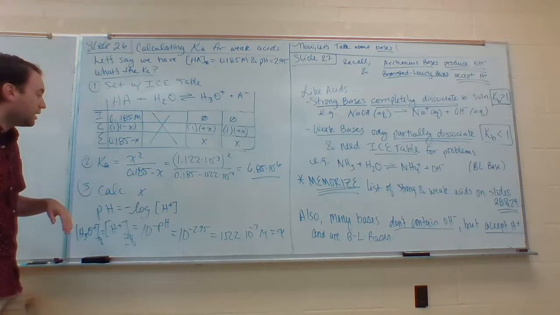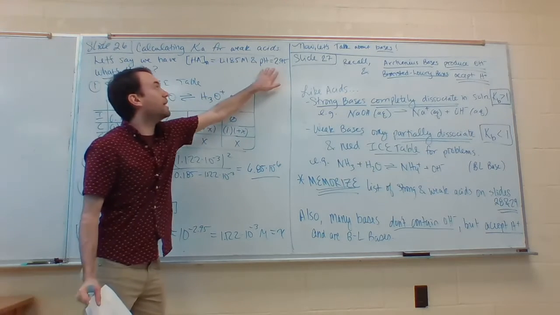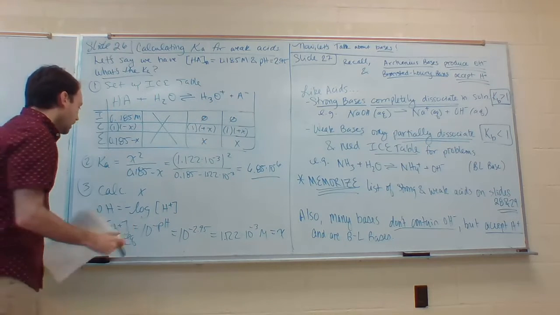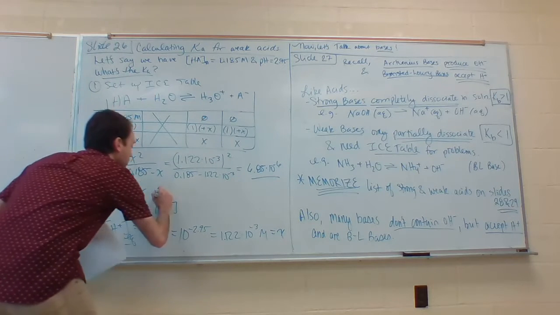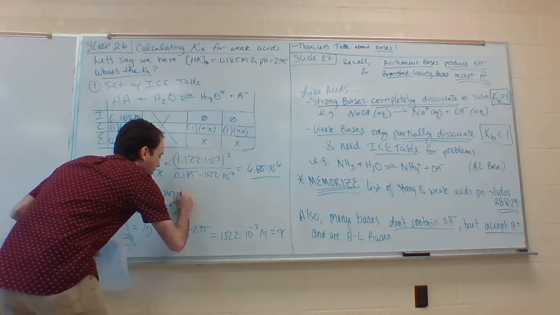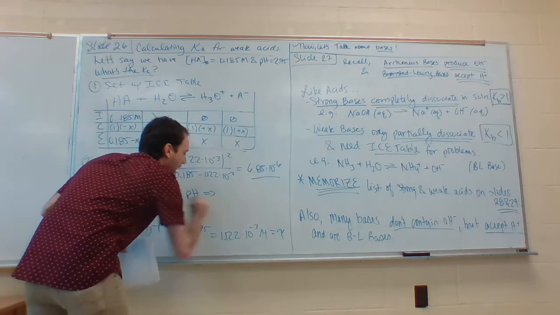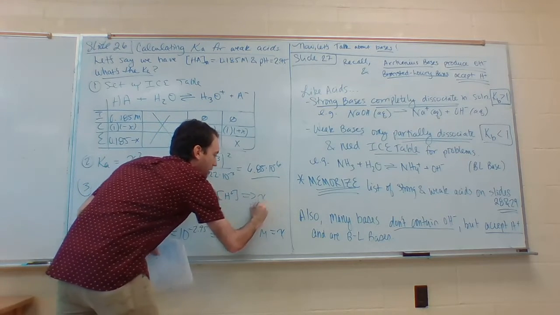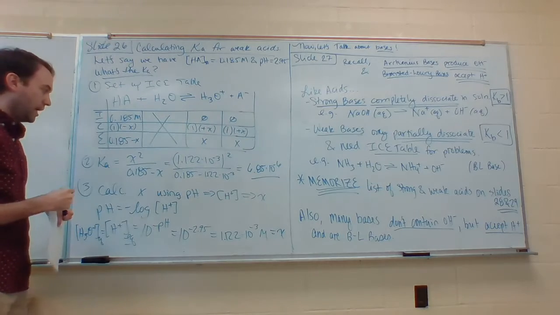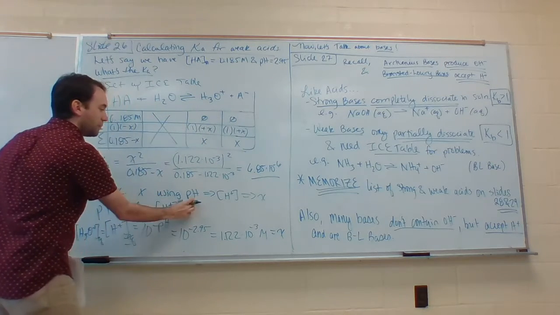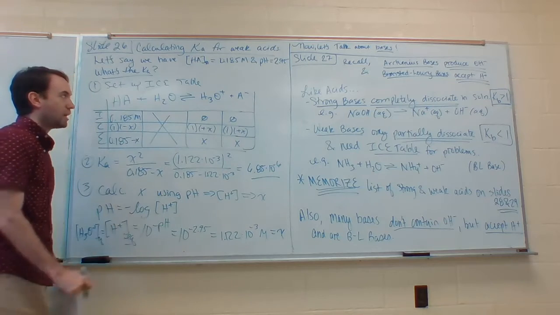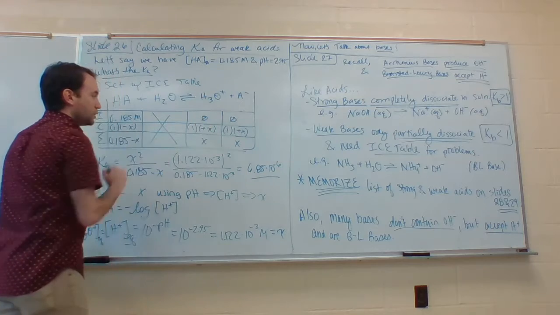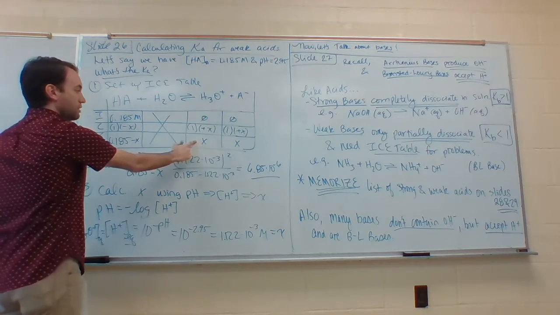Okay, one way to calculate X is to use what other information I have and solve for what I don't know. So I'm going to calculate X by using my pH to get my concentration of H plus and then get X. Because I know that my pH will give me my concentration of H plus, I can relate that to something in my equilibrium row, which is my H plus or H3O plus concentration.